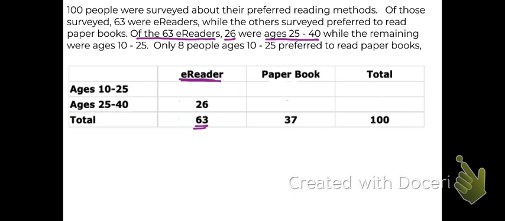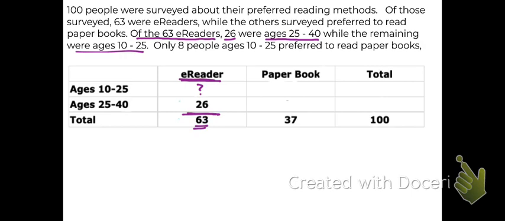And it says the remaining were ages 10 to 25. So how many e-readers are between the ages of 10 and 25? Well, again, take your understanding of two-way frequency tables and what this total column means.